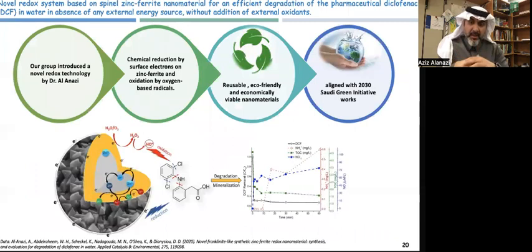Mechanistically speaking, the zinc ferrite combination will release electrons upon contact with aqueous solution via oxidation of Fe2+ to Fe3+, which you will see in the XPS.